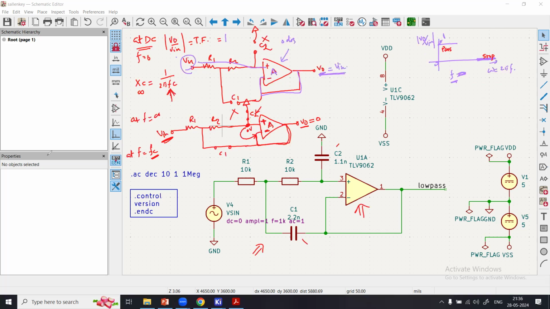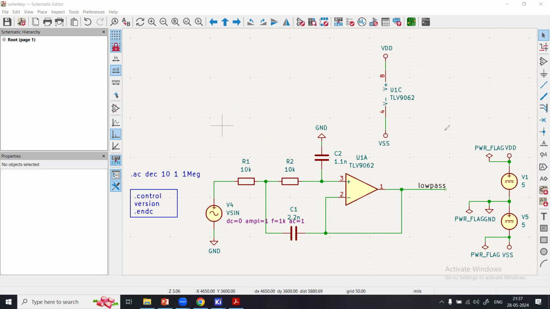The response will look like this, and somewhere here that frequency fc will be there. This is called the -3 dB point, where the cutoff frequency is. You can see that this is a low pass filter. At low frequency, you have a gain. At a very high frequency, you have 0 gain. That is how the behavior of this circuit can be explained.